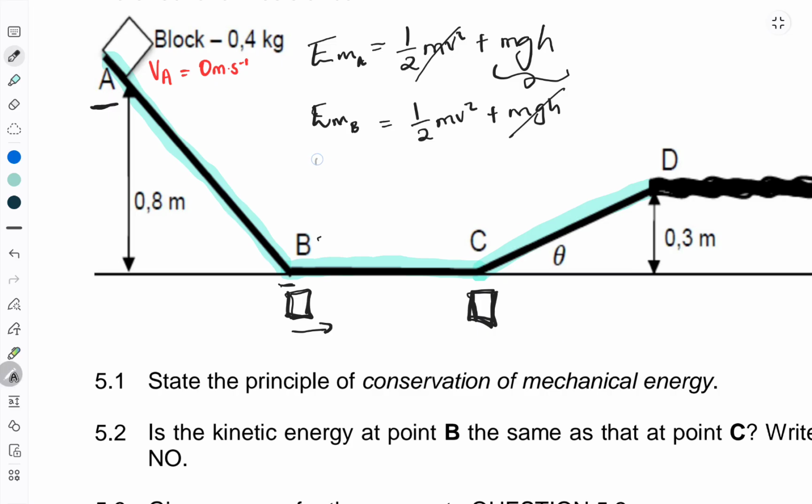Let's go to C. At point C, we do the same thing: half mv squared plus mgh. I'm just proving that the kinetic energy between B and C will be the same. At point C, the height is still 0, so you're only left with the kinetic energy.